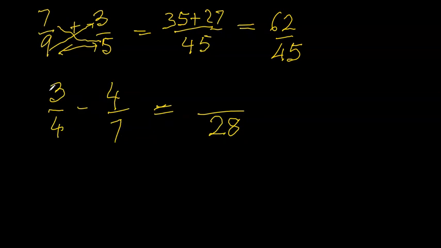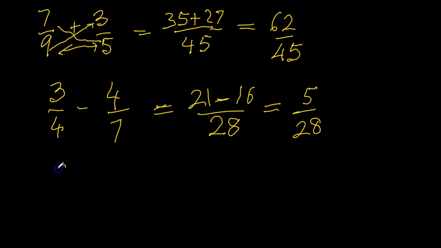Numerator, we're going to have 7 times 3, which is 21. Our operator is minus. Now 4 times 4 is 16. 21 minus 16 is 5/28.